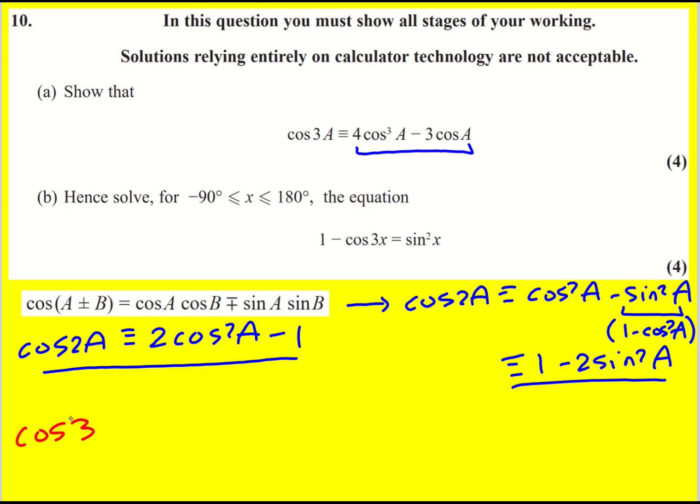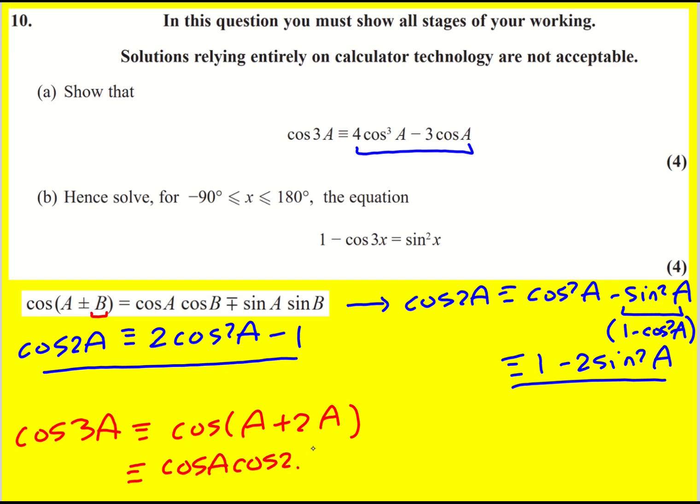I'm going to do a very similar thing, but say that cos 3a is cos of a plus 2a. I'm going to replace all my b's by 2a now, which means I'll get cos a cos 2a, then minus sine a sine 2a. I didn't actually derive the double angle formula for sine.